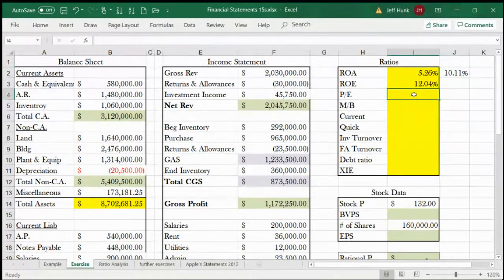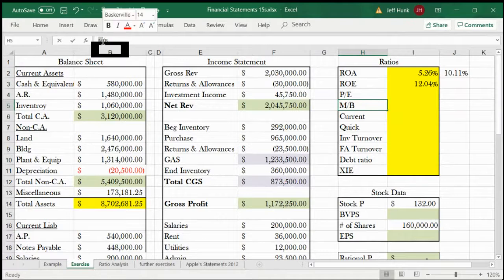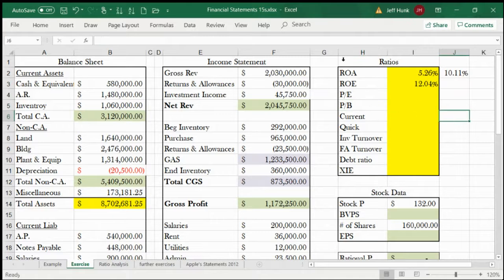Now, price earnings ratio and market value to book value ratio, but I used P for market value, so let's change that to P. We're going to come back to this later because these are the market valuation ratios.